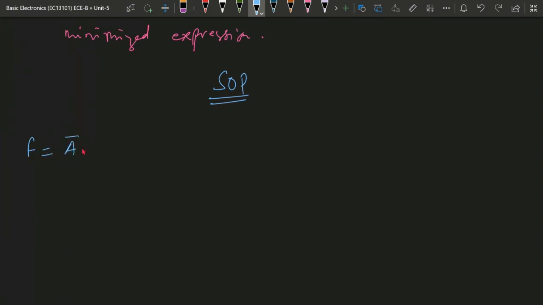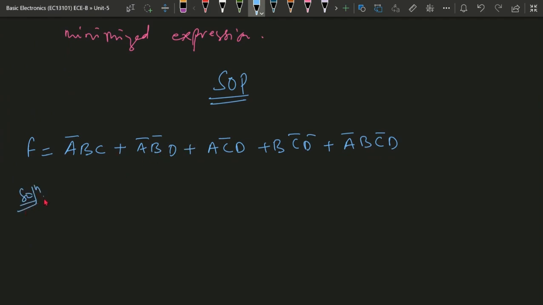It is written as A bar B, A bar B C plus A bar B bar D plus A C bar D plus B C bar D bar plus A bar B C bar D. Suppose this is the function. Now we need to go for the solution by using the QM method.